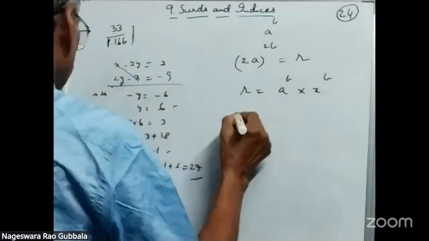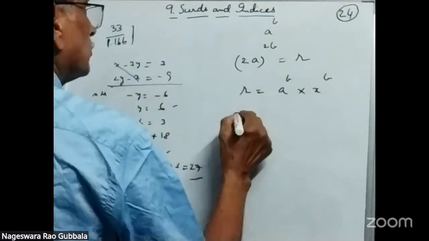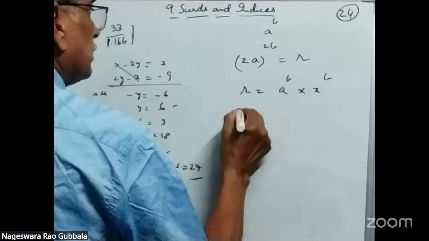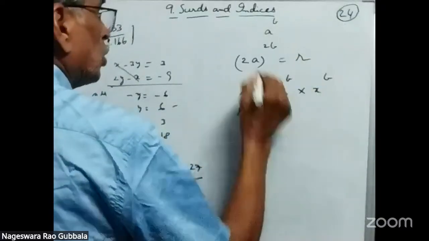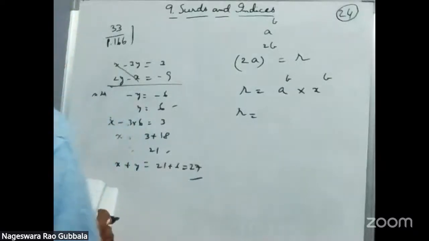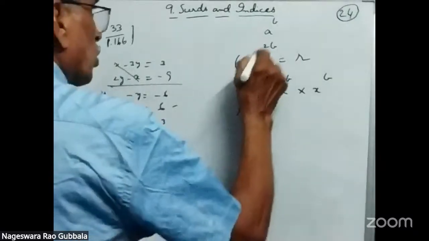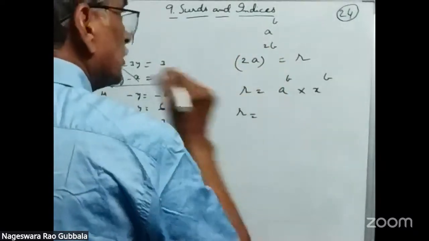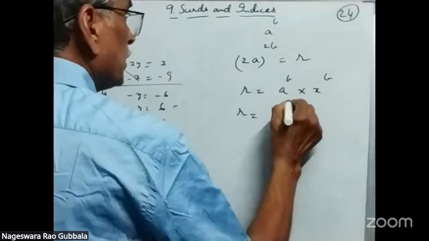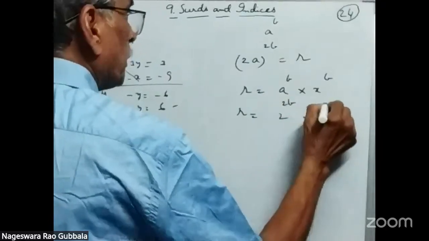First relation: R is (2a) whole to the power of 2b, which is 2 to the power of 2b into a to the power of 2b.